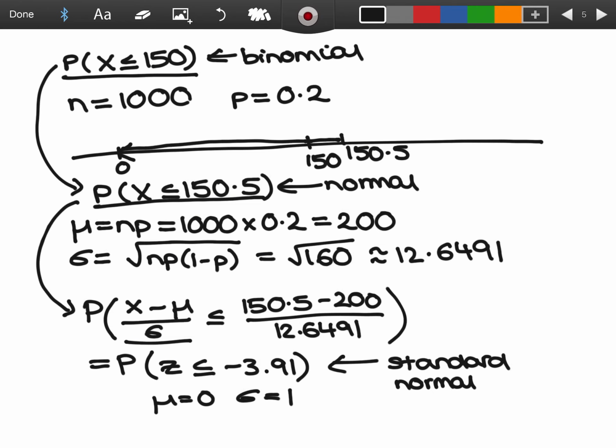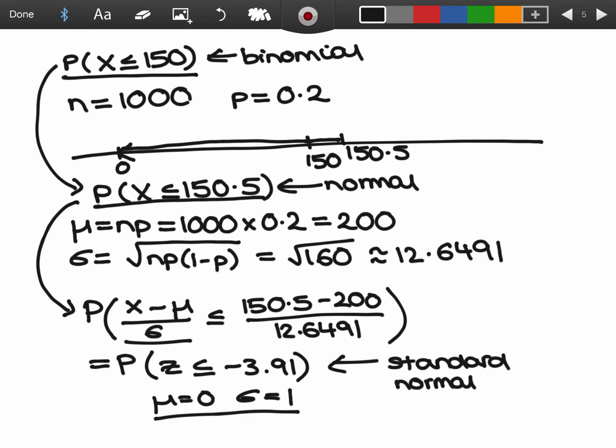Then you have stayed within a continuous distribution, so you've stayed within that normal distribution, but you've performed a z transformation on it that has taken it from a normal distribution with a mean of 200 and a standard deviation of 12.6491, and you have taken it to that standard normal distribution that has a mean of 0 and a standard deviation of 1.